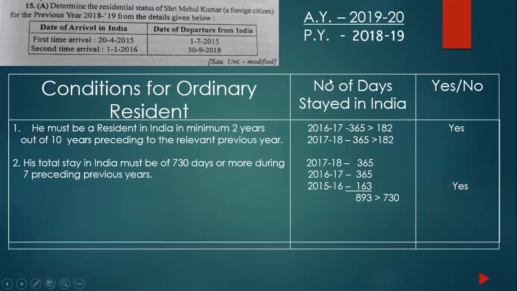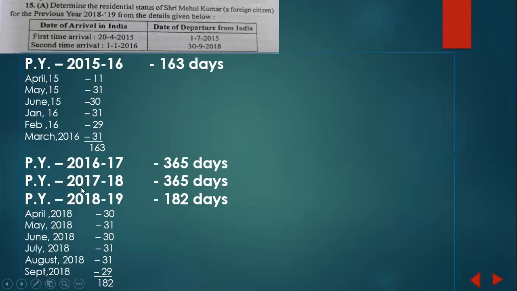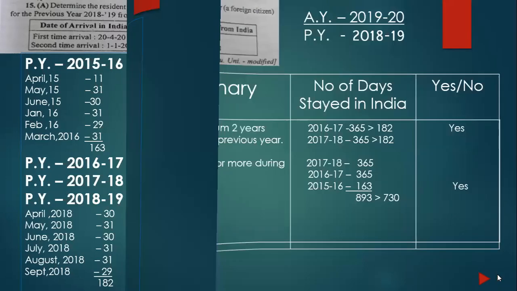Now see, for the ordinary resident, the first condition is he must be a resident in India in minimum 2 years out of 10 years preceding the relevant previous year. Now we can easily see that before the previous year he has stayed the whole 2 years in India. So he has easily fulfilled the condition of 182 days for these 2 years.